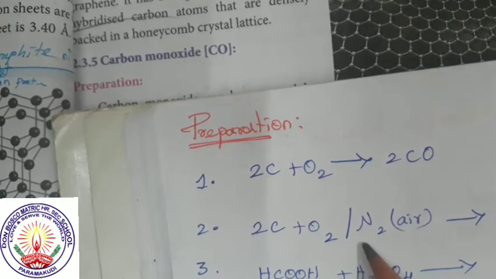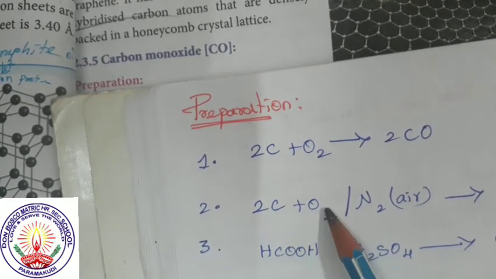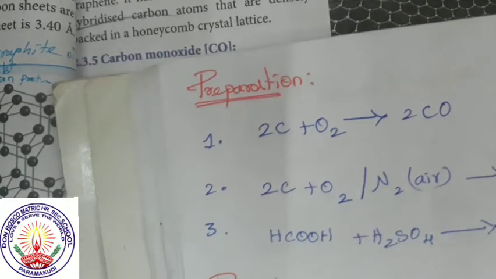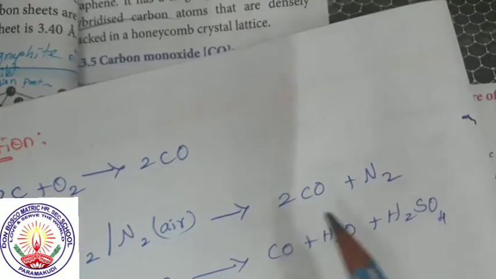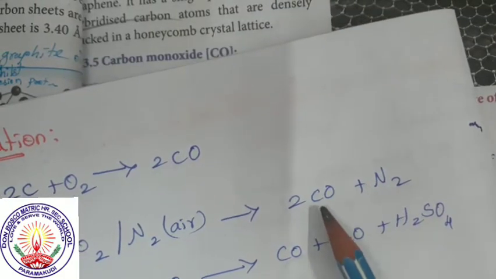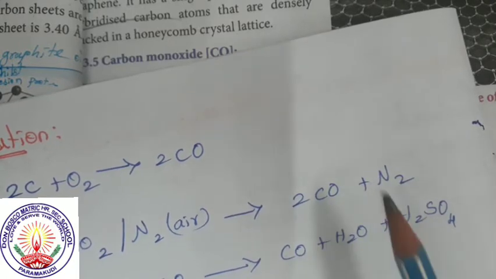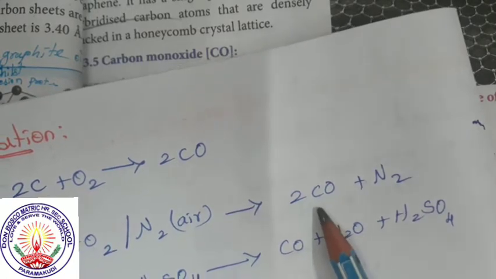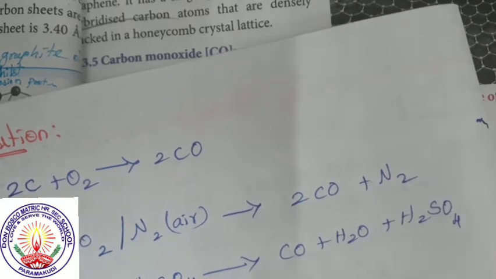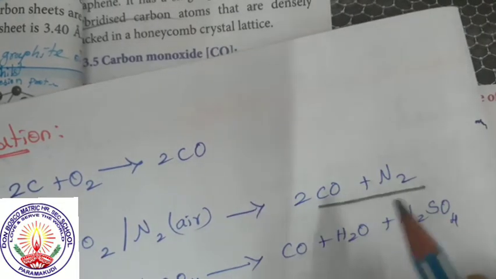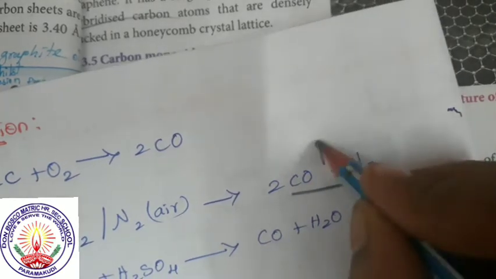So when this carbon combines with oxygen, we are getting carbon monoxide plus nitrogen. This carbon monoxide plus nitrogen together is called producer gas.